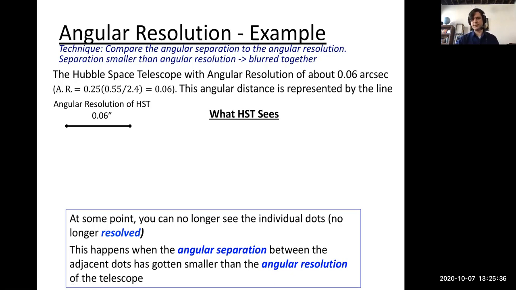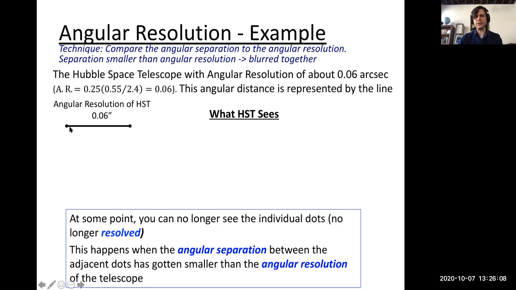Notice the James Webb is quite a bit larger. So what is the angular resolution of Hubble operating in the visible part of the spectrum? 0.25 times 0.55 divided by 2.4 gives 0.06 arc seconds. So the smallest image that Hubble can make is 0.06 arc seconds. And this symbol right here means arc seconds.